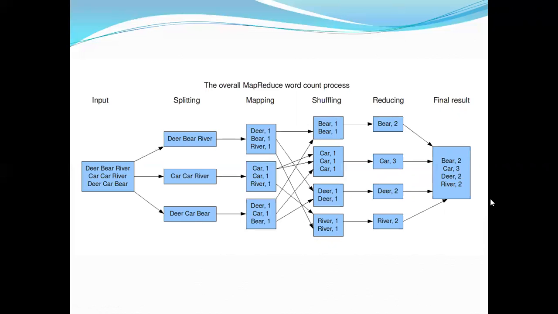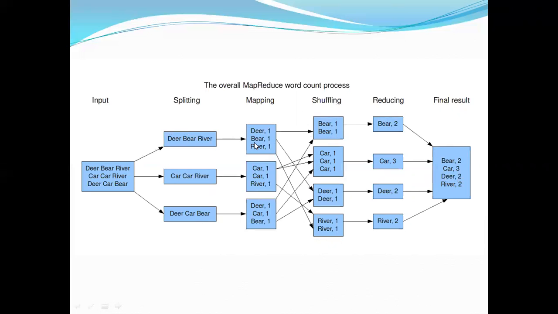That is called shuffling. Once the shuffling is completed, the reducing process will happen on top of the data chunks. Once the reducing is completed, the entire final result will be written into HDFS. So this is the overall flow of MapReduce.